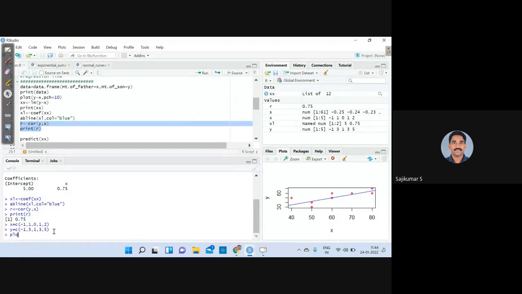Suppose we plot all these using our x comma y relationship. Then we will get another scatter plot.